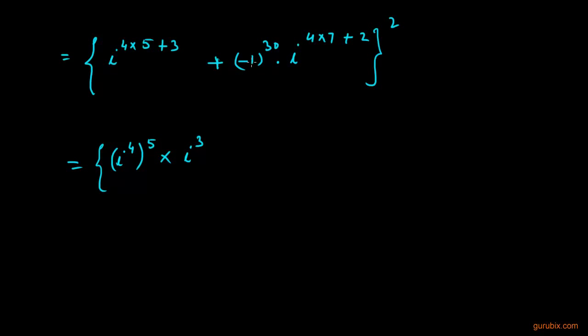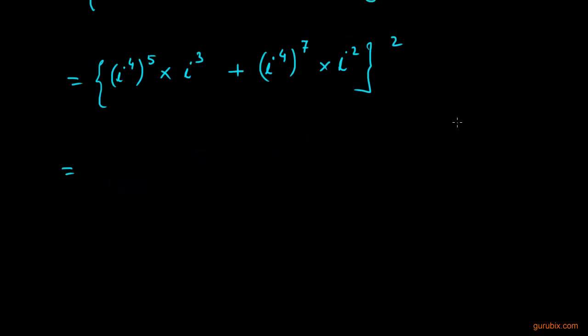So if we multiply -1 thirty times, then it will be +1, and if we multiply +1 with any value, then we get the same value. Then it will be iota raised to 4 and this whole value raised to 7th power into iota square, and this whole value raised to the second power.